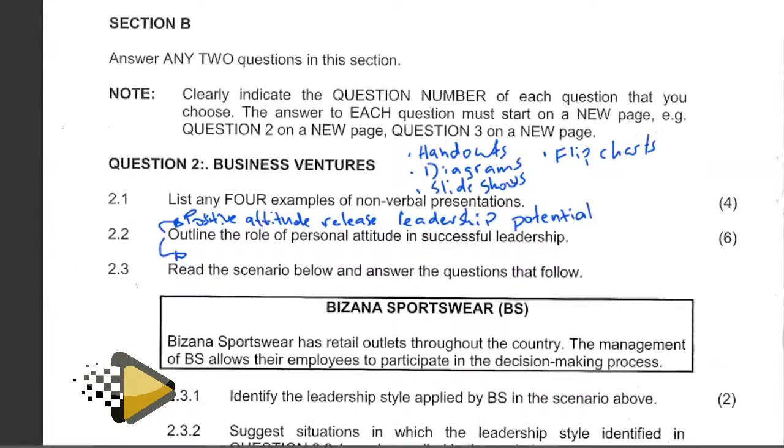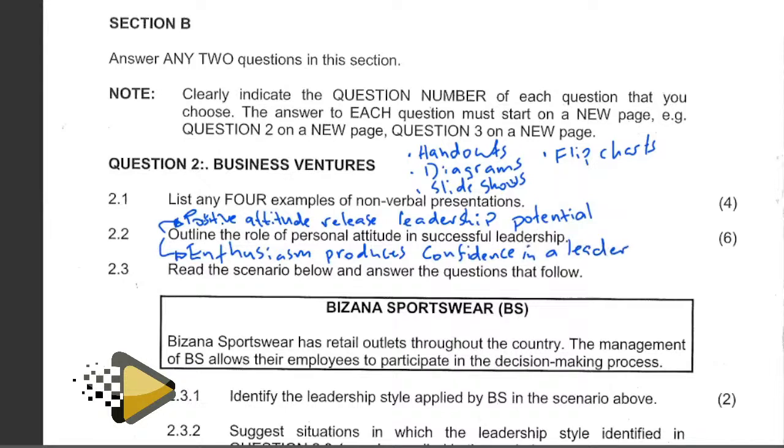And also we said that enthusiasm produces confidence in a leader.